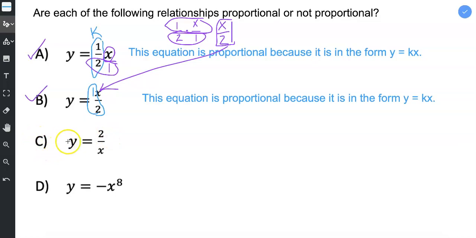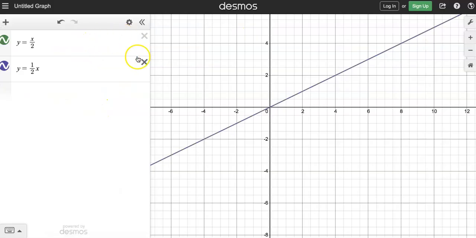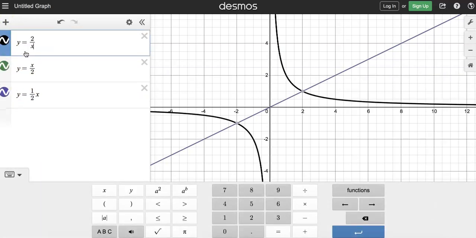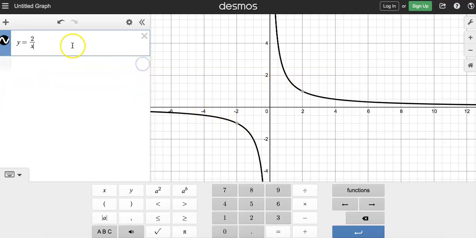Let's look at part C, y equals 2 over x. Let's see if this is the same as A and B. All right, so y equals 2 over x. Let's just add another equation. So now x is in the denominator. If x is in the denominator, look, it is not proportional. Let me go ahead and get rid of these so we can just look at this 2 over x.